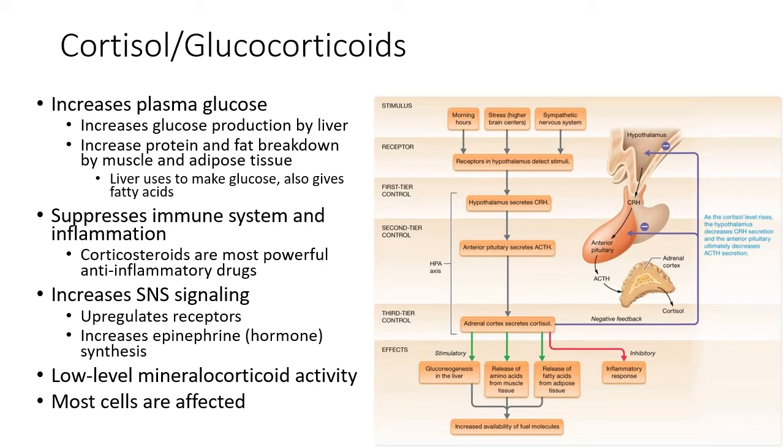So another thing that cortisol and the glucocorticoids do is suppress the immune system. Right, so when they increase the glucose levels of your blood, that increases the nutrients you have available to respond to your stressful situation. And it's also important to have the immune system suppressed because stress is supposed to be something that happens in the short term.